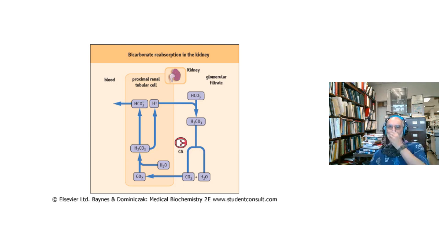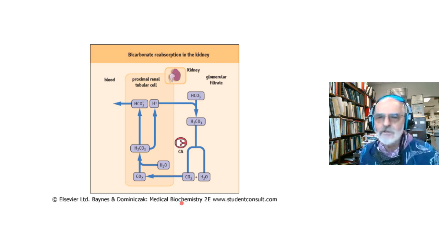Now, the excretion process looks not unlike what we observed in the erythrocytes. If you have bicarb, the bicarb can react to make CO2 and water, and the CO2 can be reabsorbed.